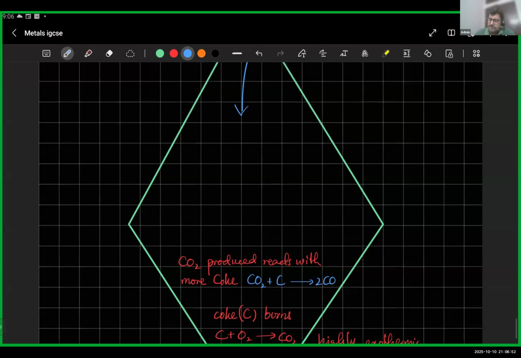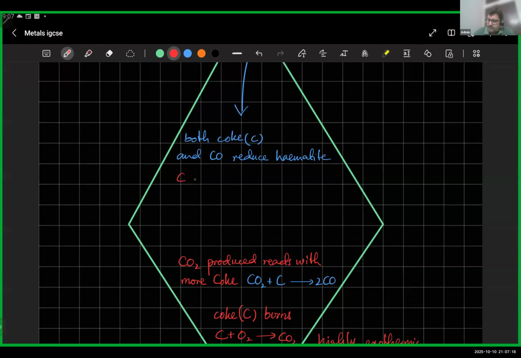Then over here, somewhere in the middle, both carbon, the coke, which is carbon, and carbon monoxide, they reduce hematite. You get reduced hematite.